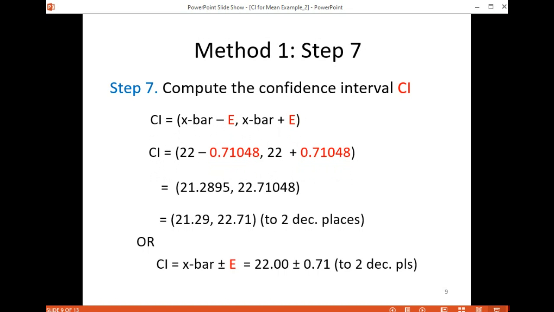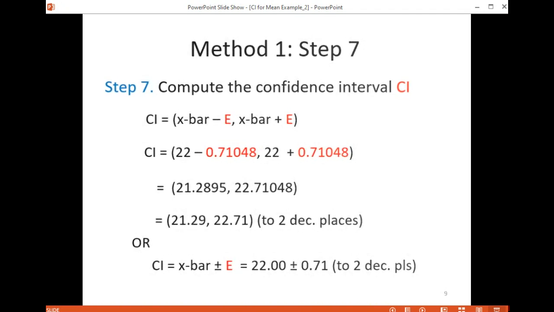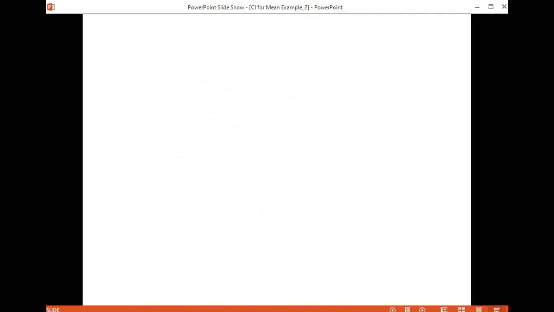Notice that if they ask you for two places of decimal and you are using this notation, in other words x bar plus or minus E, both numbers have to be to two places of decimal. Well, in this case, 22.00 is the same as 22 or 22 point or 22.0, so any one of those will suffice in this case. Okay, so moving on.